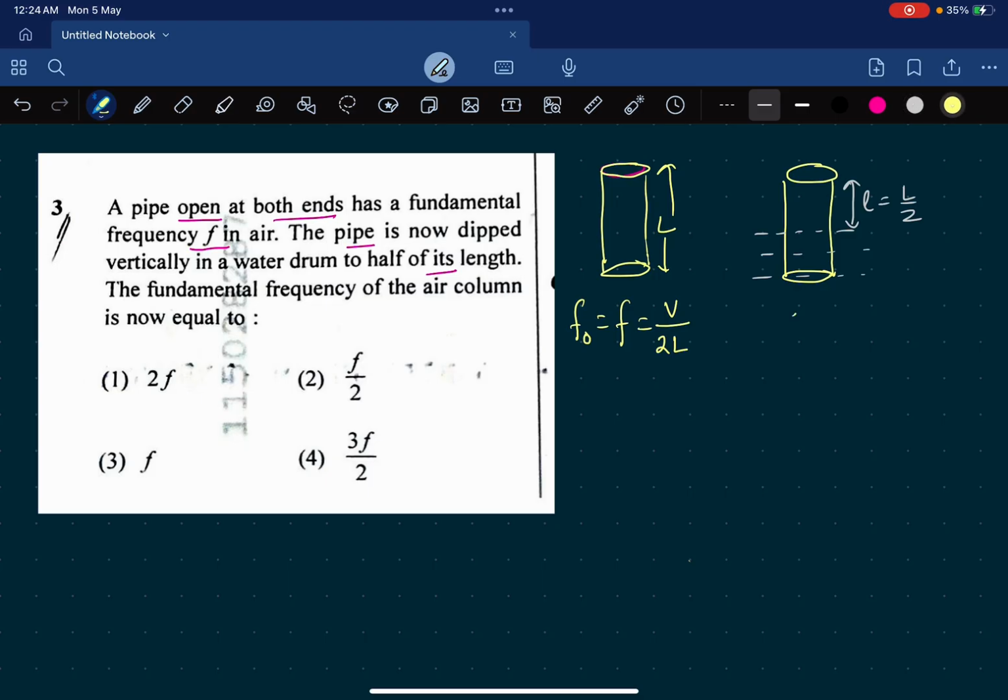And from the theory, what is the fundamental frequency of closed organ pipe? It is equal to speed of sound divided by 4 times l. But what is l here? It is L by 2, which is equal to V by 2L. But again, this is what? This is the fundamental frequency of the open organ pipe. Therefore, both the frequencies will be same. So option 3 is the answer.